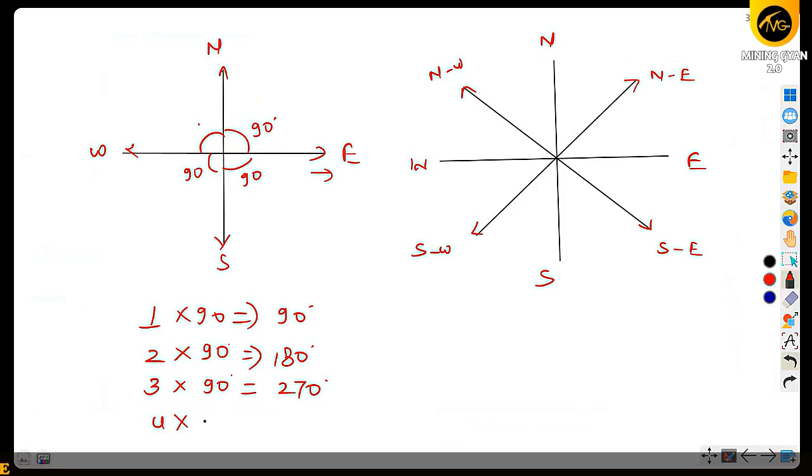If you turn 4 times, it is 4 into 90, that means 360-degree turning. ओके. अगर आप एक बार टर्न होंगे तो 90 डिग्री में, दो बार होंगे तो 180 डिग्री में, 3 टाइम्स देन 270 डिग्री एंड 4 टाइम्स दैट मींस 360 डिग्री टर्निंग हो रहा है, चाहे लेफ्ट में हो या फिर राइट में हो.